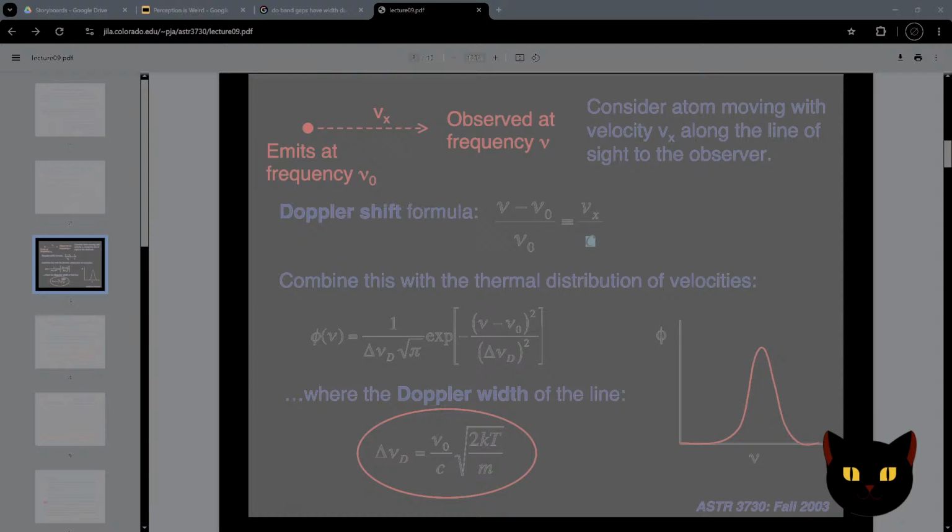That means that this c here, which is the speed of light, and that there, which I think is the speed of light, those are going to cancel out. I know, scratch that, that's not a velocity. This one is a frequency, this one is a velocity.